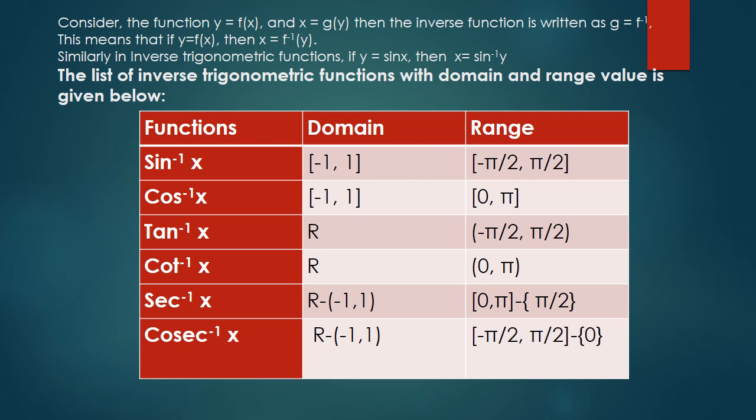Sec inverse x domain is all real numbers excluding -1 to +1, so its range is 0 to pi closed interval excluding pi by 2. Cosec inverse x domain is all real numbers excluding -1 to +1, so its range is minus pi by 2 to pi by 2 closed interval excluding 0.